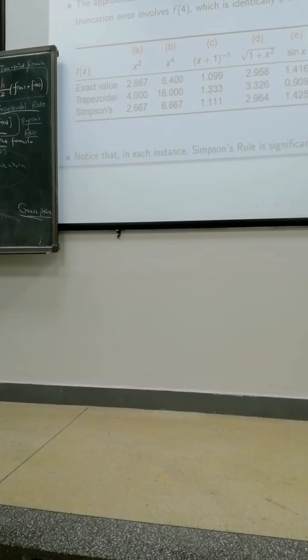So let's take a look at this one. Here we have two kinds of approximation: here is P1(x), here is P2(x), right?